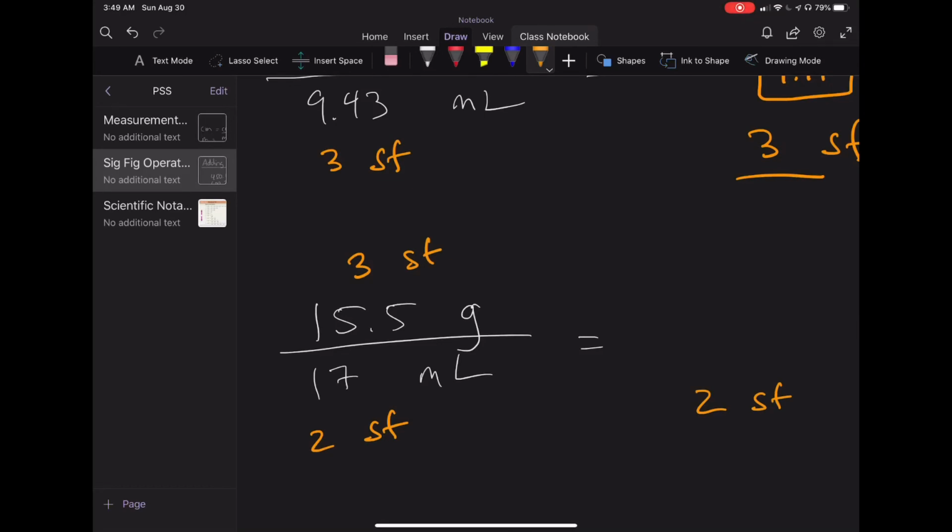According to our calculator, 15.5 divided by 17 is 0.9117647059. But we only need 2 sig figs. Now this first 0 is a placeholder 0. It doesn't count. It's on the left side of the decimal. So we need to round to just the 9 and the 1. We look at the next digit, however, to see if we round up or down. It's a 1, so we're going to round down. So our final answer is just 0.91.